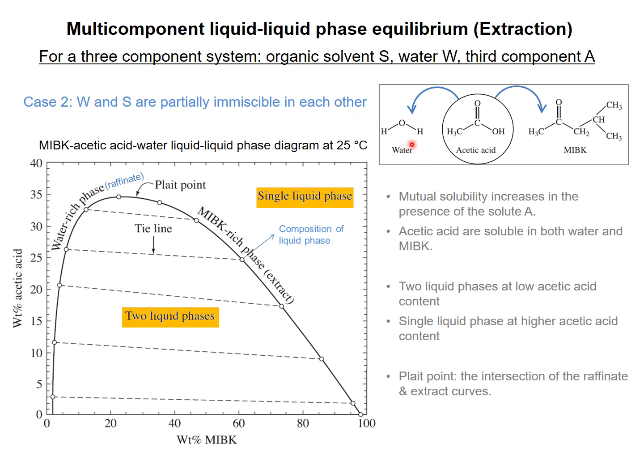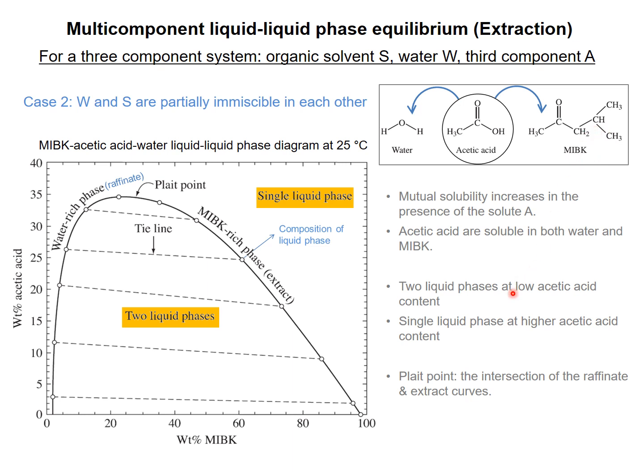We have water as the first solvent, or phase 1, and the other is MIBK, the organic solvent, phase 2. And also here is the third component A. Mutual solubility increases in the presence of acetic acid. Acetic acid is soluble in both water and MIBK.